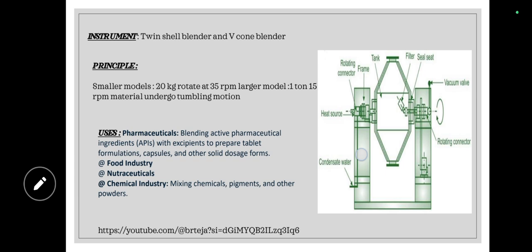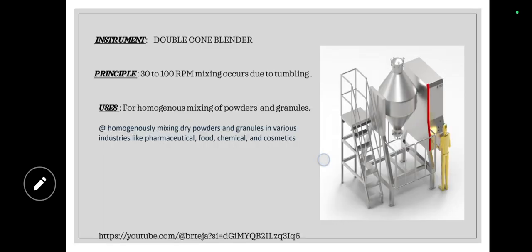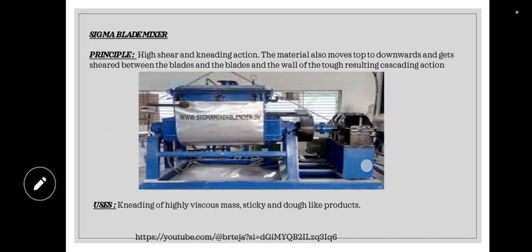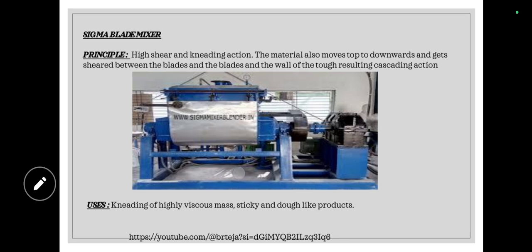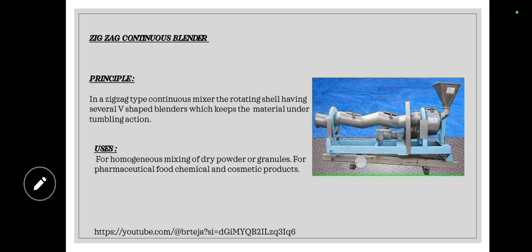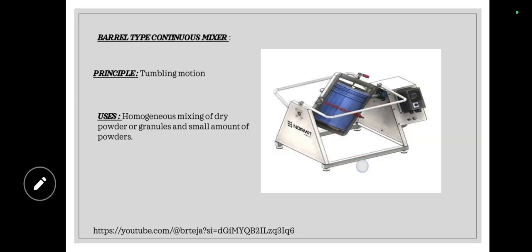Next, instruments: twin shell blender, V cone blender, double cone blender, ribbon blender, sigma blade mixer, planetary mixer, zigzag continuous blender, burr type continuous mixer.